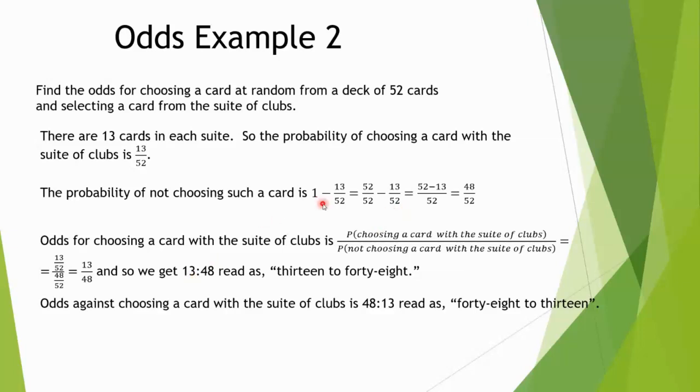For some reason, I thought that was wrong, but the remaining 48 cards do not have clubs. So because of that, we get 13 to 48. I hope that makes sense.